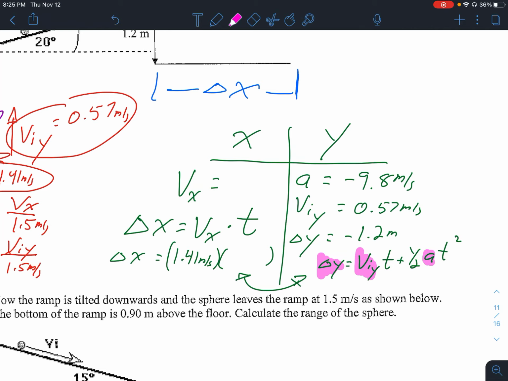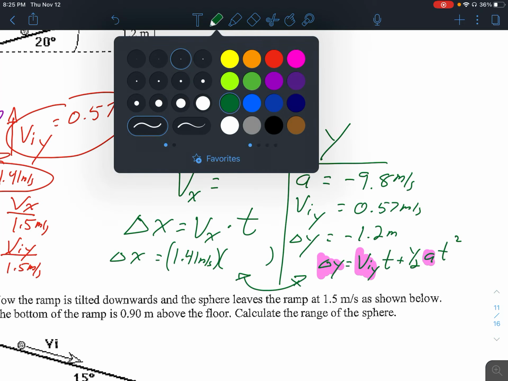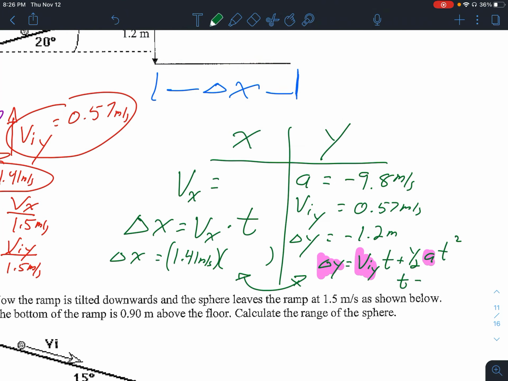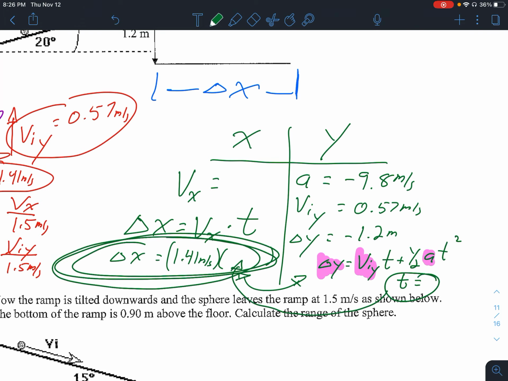You're going to have to either use the solver that's in your calculator if you have that programmed, graph it, or just Google a quadratic equation calculator. I wouldn't go through and plug in all of the numbers in the real quadratic formula. It's a lot of button pushing and easy to make a mistake. So if you have the resources available to you, use some other way. That will get you your t, which you then can bring back over here, and that will give you your answer as far as where this is going to land.